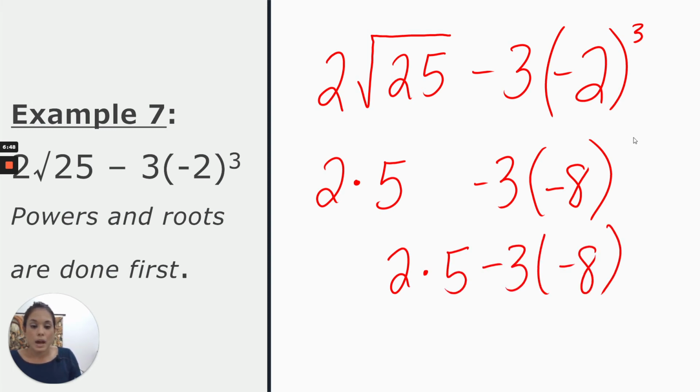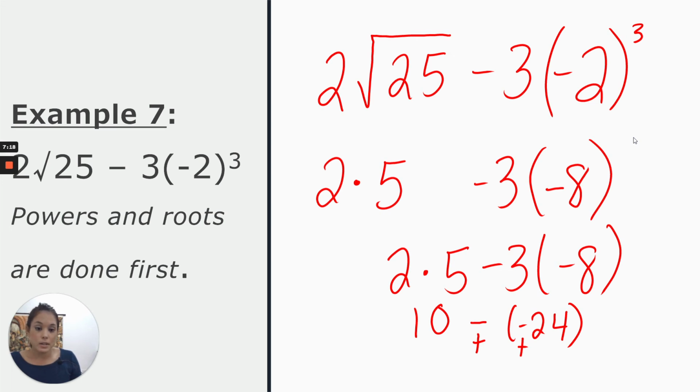Okay, so now I am going to multiply the 2 times 5, which is 10, and then 3 times -8 is a -24. And I am going to bring down this subtraction sign. So now I have 10 minus a -24. Let's apply the subtraction rule. We're going to change the operation and then change the sign of the second number.